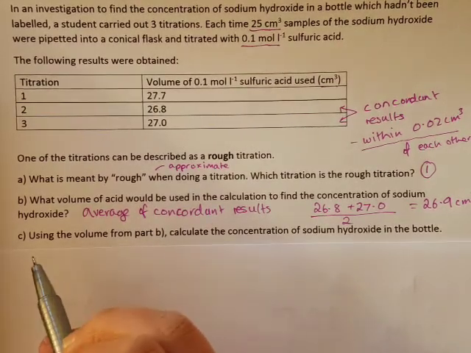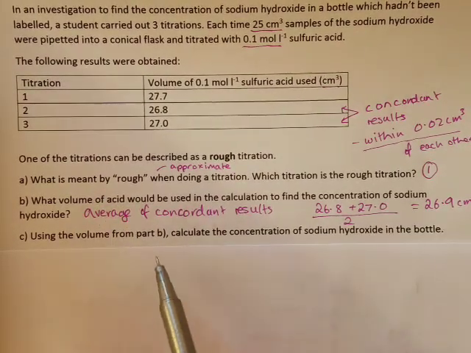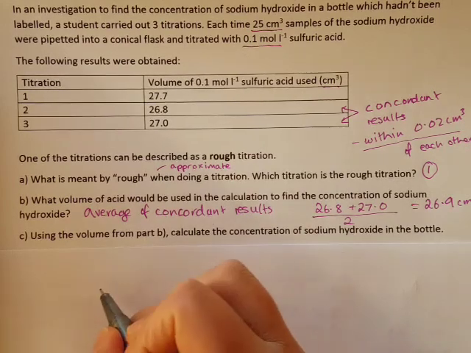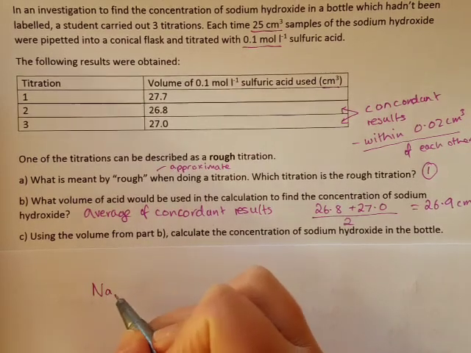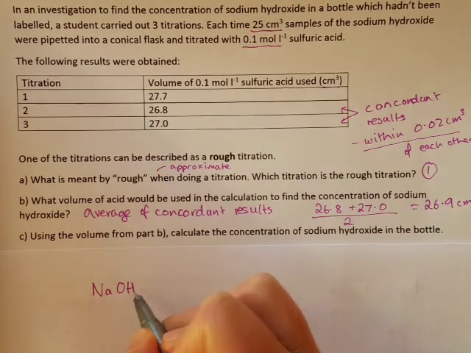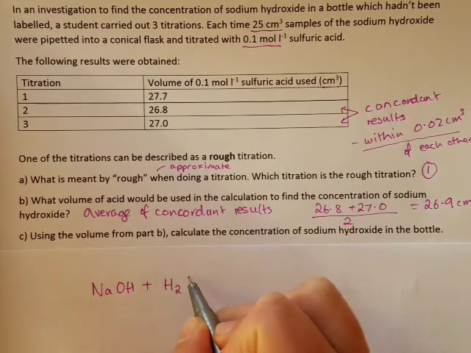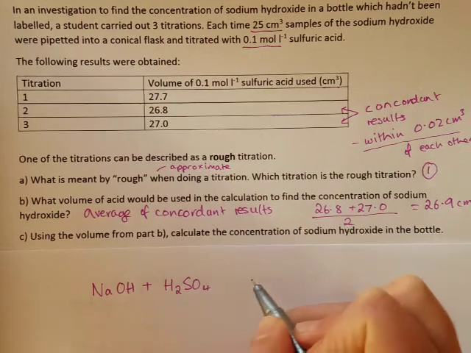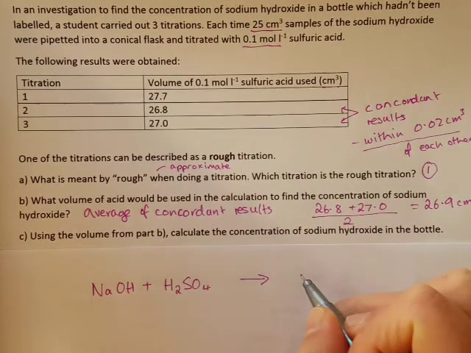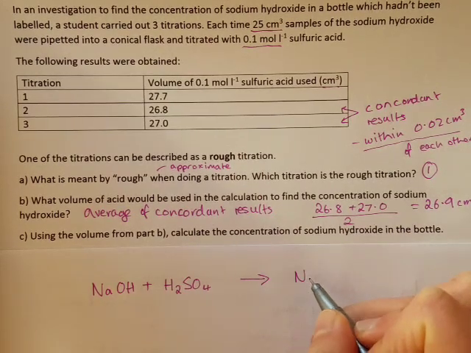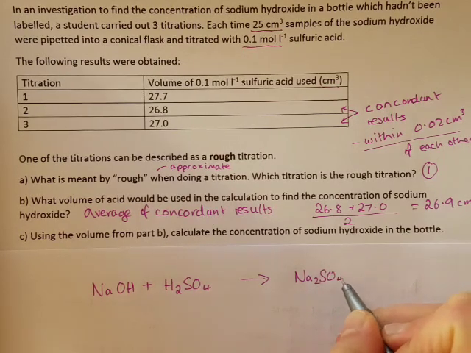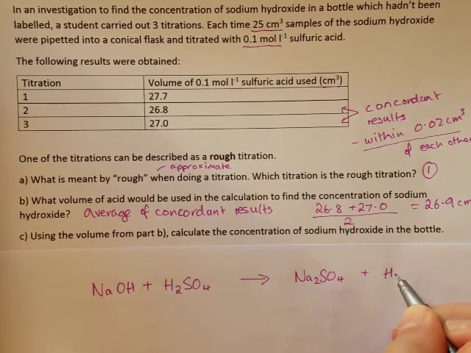So let's write a balanced equation for this. So we've got sodium hydroxide reacting with sulfuric acid. Okay, and you should know that should make the salt sodium sulfate plus water.